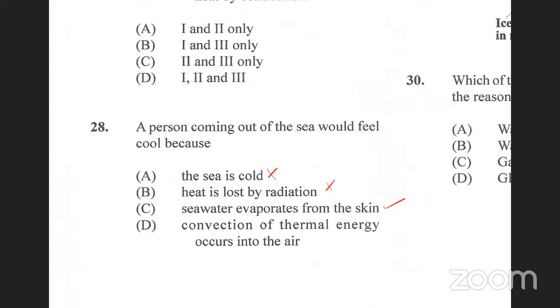So we could probably go with C. The seawater evaporated from the skin, cooling it down, so you'll feel a little bit cooler as you come out.